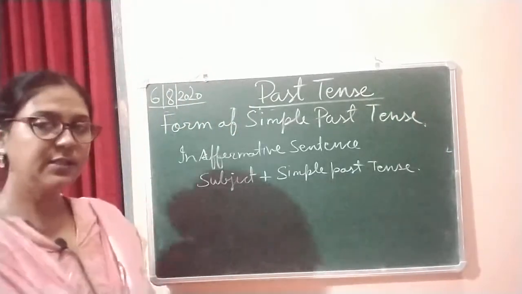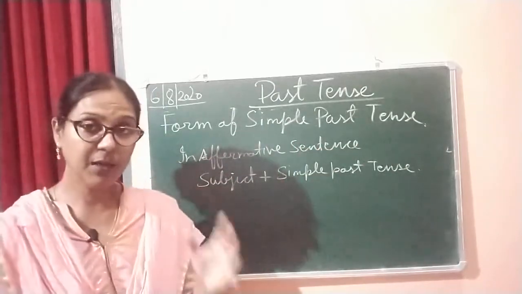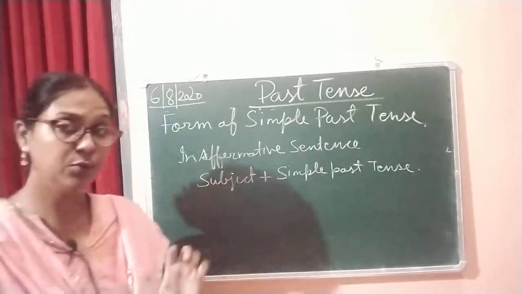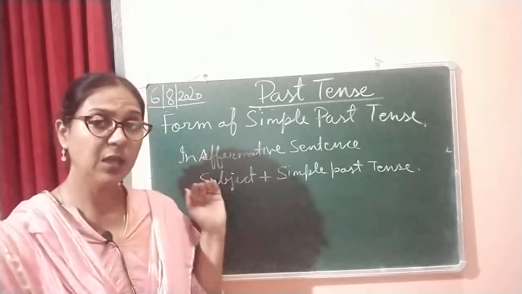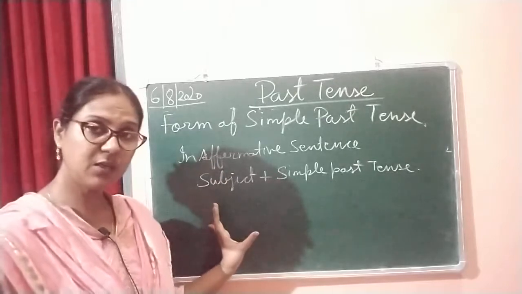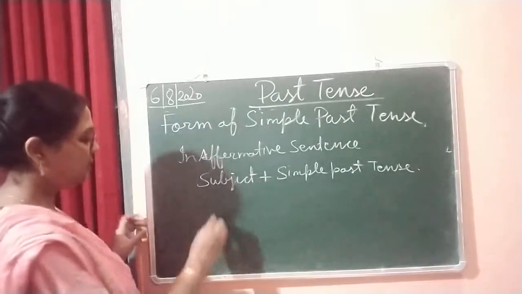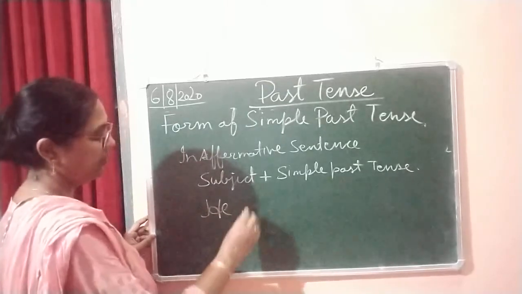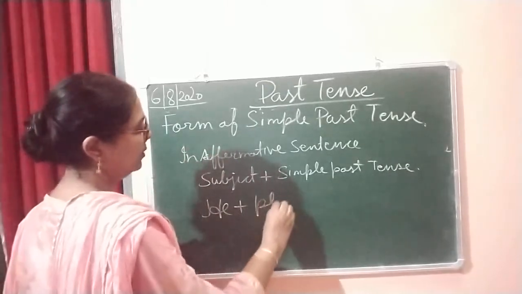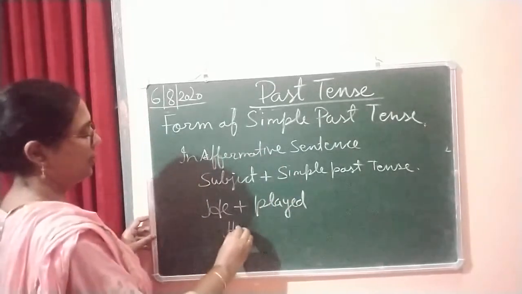Now here you can see the form of simple past tense in affirmative sentences. When we are supposed to use simple past tense in affirmative sentences, we use subject plus simple past tense. Suppose subject here, he, plus played. He played.